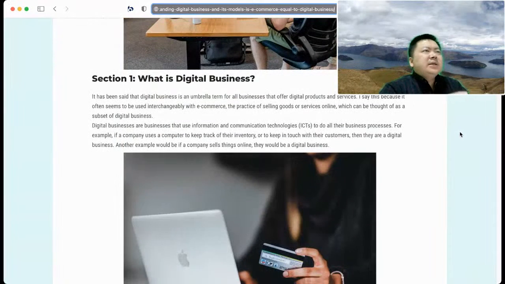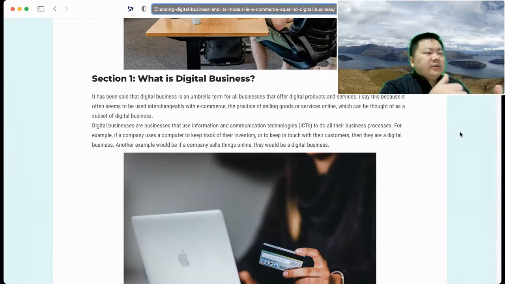So what exactly is a digital business? Digital business is any business process that is carried out by ICT. ICT is information and communication technologies. That term will show up a lot.